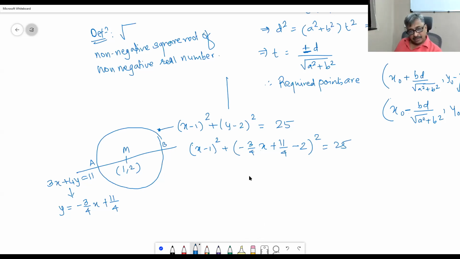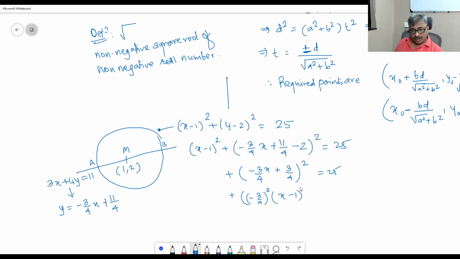Okay, is this correct? Whatever is happening, is it correct? Yes, I think so. It is correct. So let us simplify this a little bit. It is minus 3x by 4 plus 3 by 4 bracket square is equal to 25 plus, take out minus 3 by 4 common, inside bracket x minus 1 bracket square.